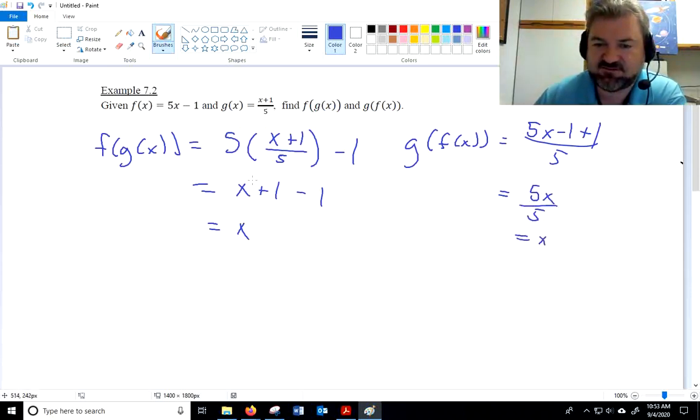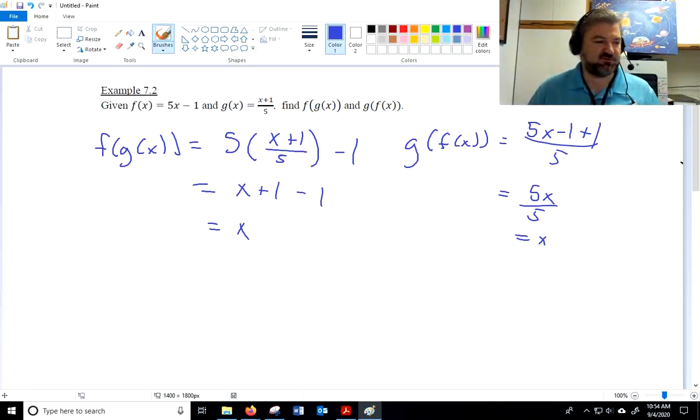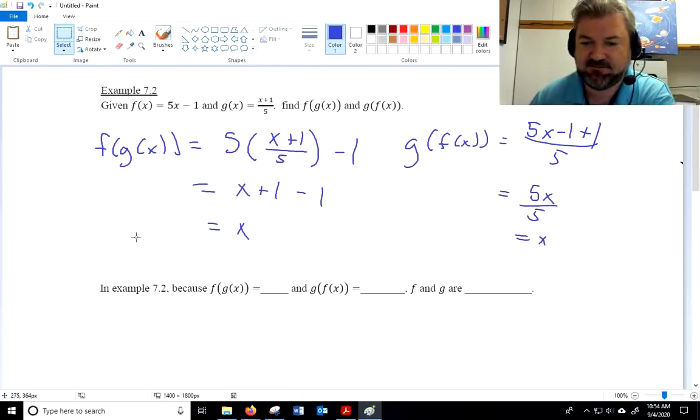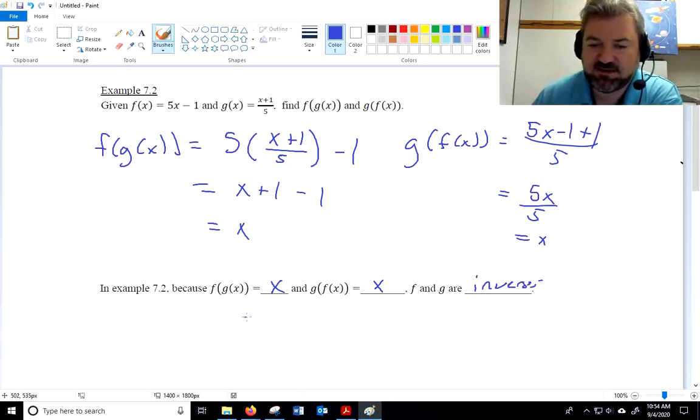So f of g of x is x, and g of f of x is x, which is of real interest because what that shows us is something very important. Because f of g of x equals x and g of f of x equals x, f and g are known as inverses. Pictorially, what we're saying is that if we have a domain x and we apply g to it, we go to g of f of x.